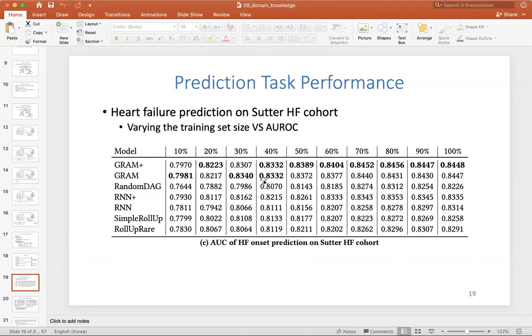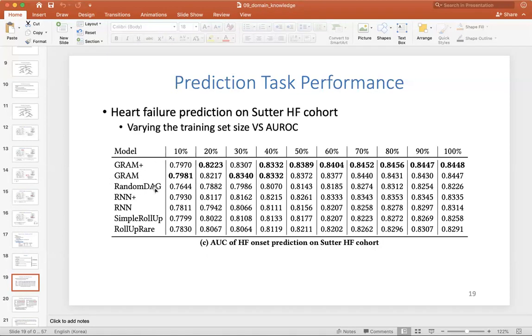In some cases, in lower-volume areas like 30%, the gap between Gram and the other baseline models is wider compared to, say, 90%. At 90%, this is 0.8447 and this is 0.8345, so it's not that big of a difference, but at 30%, it's 0.8340 and 0.8162. So the gap is a bit wider.